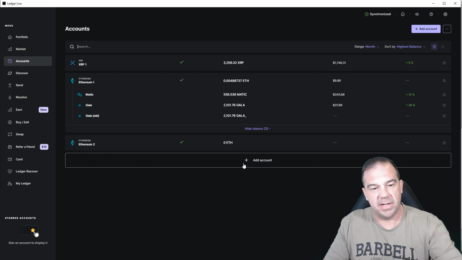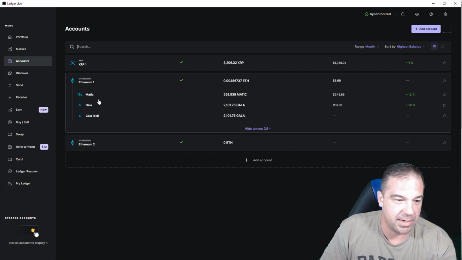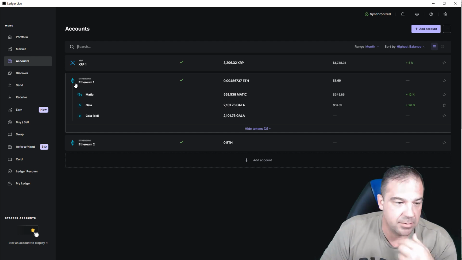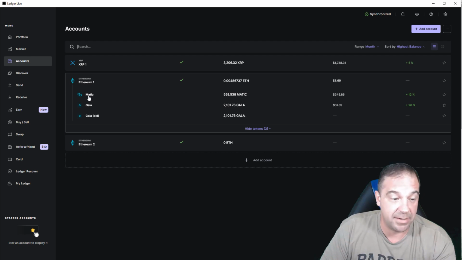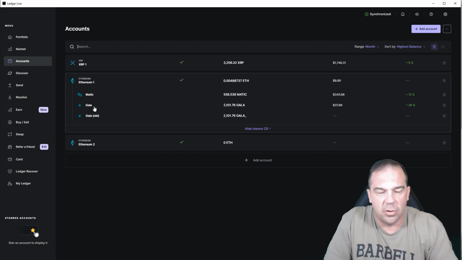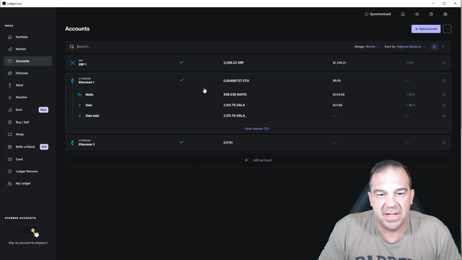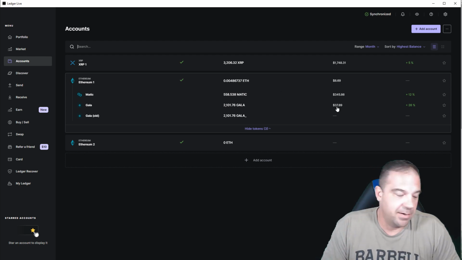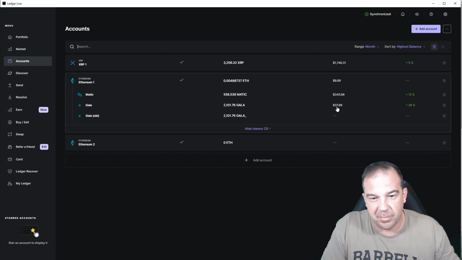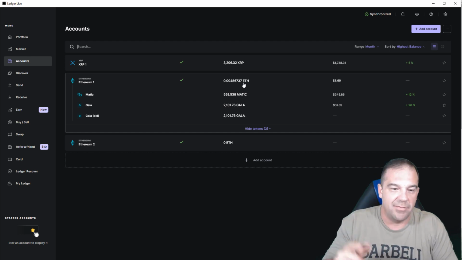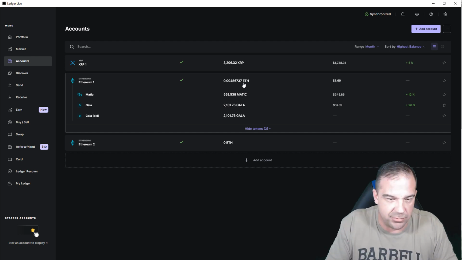And if you're moving Ethereum, or if you're moving Polygon, or I keep saying Polygon, but Matic is the ticker, so sorry for the confusion. Matic, Gala, or any of those, you pay your fees in Ethereum. So I actually had to move some ETH from my Coinbase wallet into here because I've only ever deposited in this wallet and never withdrew.